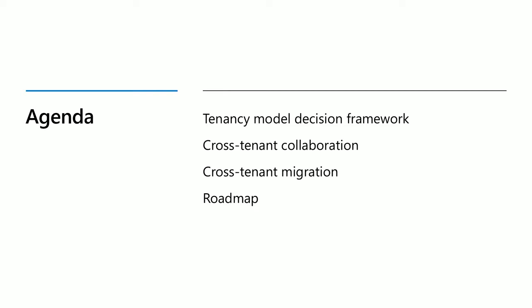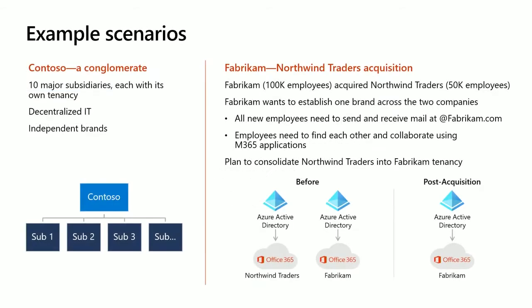So we're going to start with two companies, and these really do represent, I think, the companies that we talk to. The first is a company that has multiple tenants, and we've seen companies with multiple tenants because they have multiple brands.